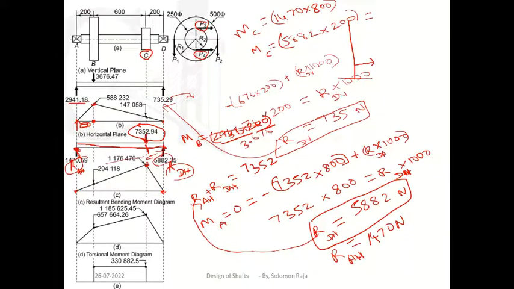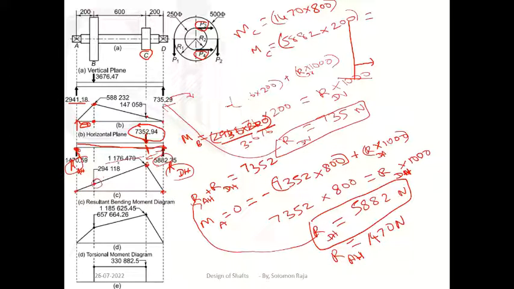What about this point? How they got this answer? Simple. Using similar triangle concept, they got the answer. Okay? Using similar triangle concept means, for example, I need to find out this answer.